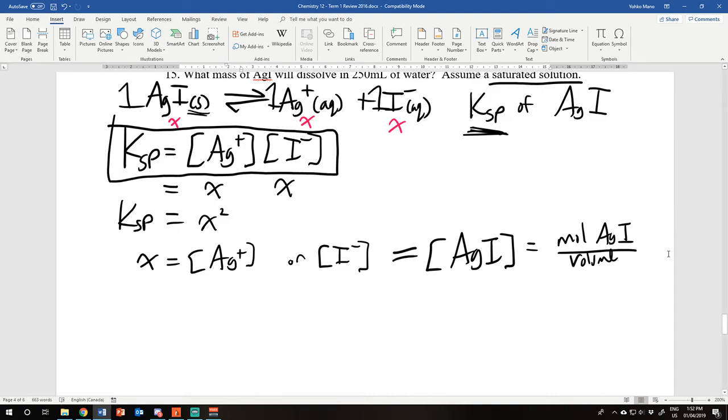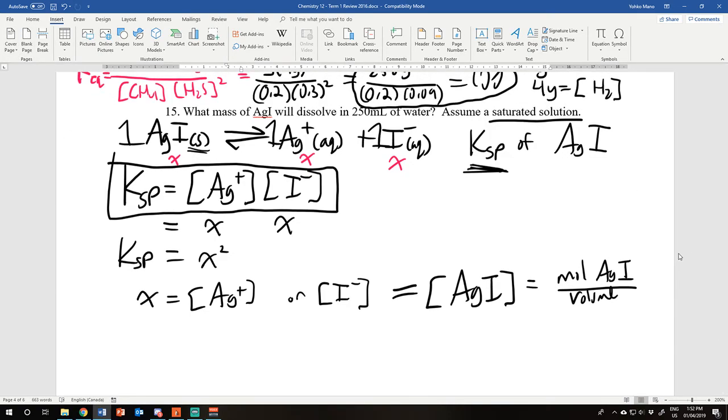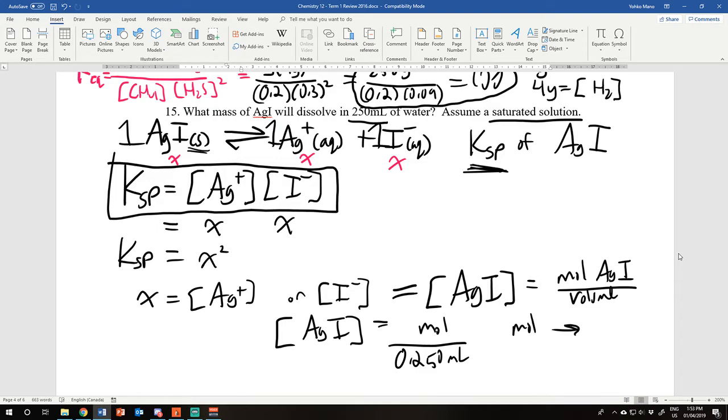And since we have the volume, 250 milliliters, we can then use the concentration of AgI to find the moles. And once you have the moles, you can convert that into mass. That's what the question is asking.